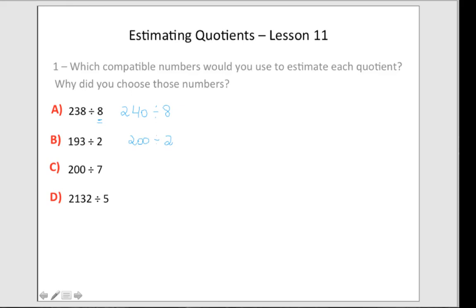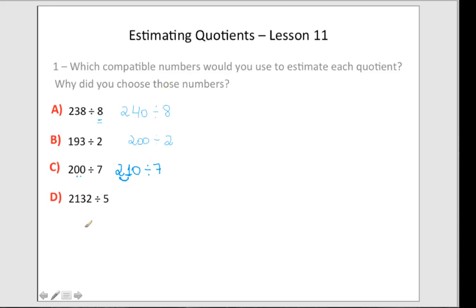Here, letter C, instead of using 200 to divide by 7, I would use 210 to divide by 7. Why? Because I know that 21 is divisible. Even though this ends with 0, I know that 21 is divisible by 7. Okay, 7 times 3, 21. So 21 divided by 7 is 3, but it's not asking that, okay?